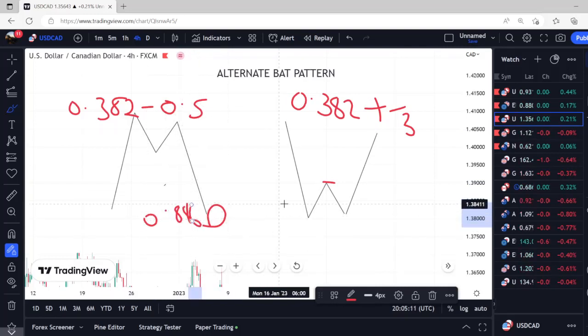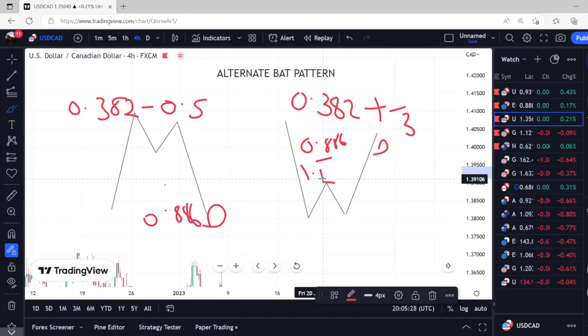While for the alternate bat pattern, at our D leg, we are looking to take a long or short position between the 0.886 retracement to the 1.13 extension of X to A. I will explain that with the fib retracement and extension numbers.